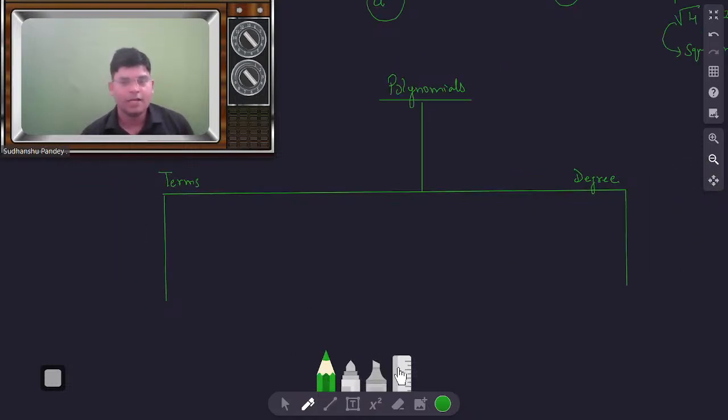Okay, so let's see if the number of terms is 1. For example, I am writing x, I am writing x square, I am writing y. So these are known as monomials. What are they known as? Monomials.